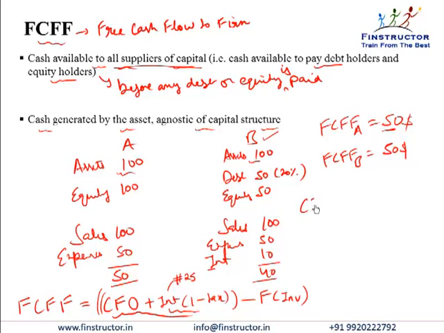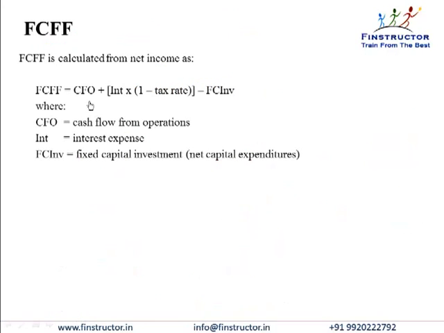In some representations we split CFO in more detail, that is we call it the net income plus the non-cash charges minus the working capital investment, that is the change in working capital that we studied, and we replace the CFO with these three terms to calculate the free cash flow to firm. So this is the first formula.